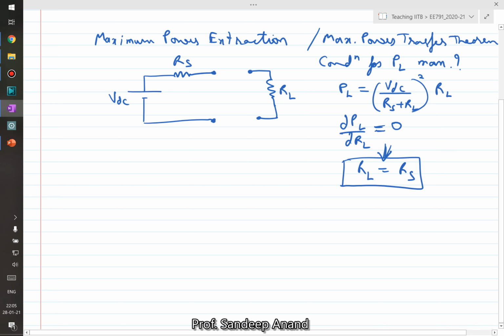How does this look on an IV graph? If I plot current versus voltage, this is the source characteristics. If I plot VT versus IS, this is how it's going to look.